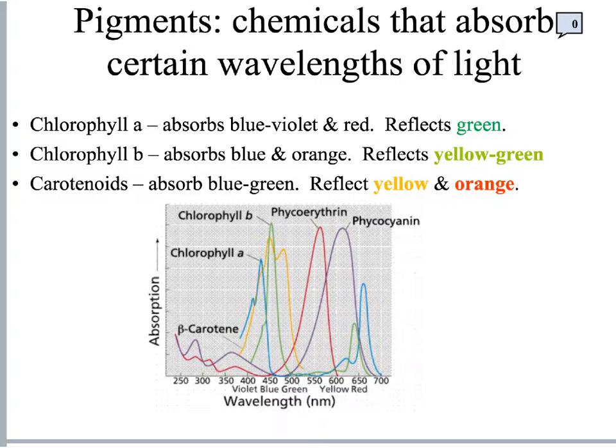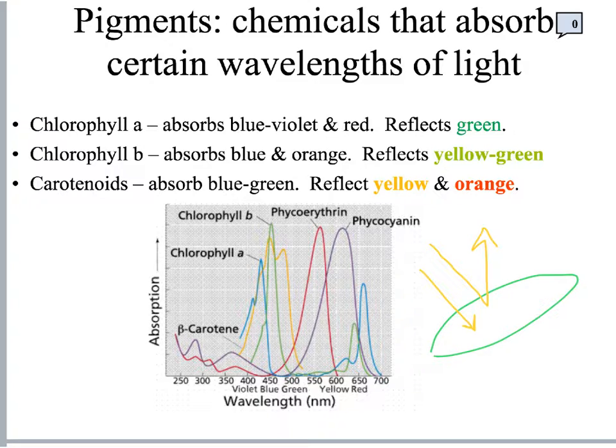Interestingly enough, when light hits a leaf, and let me draw a leaf right here, there's going to be an awful lot of light, and if it's sunlight, it's going to come down and either bounce off of the leaf and reflect, so that's reflection, or be absorbed into the leaf.